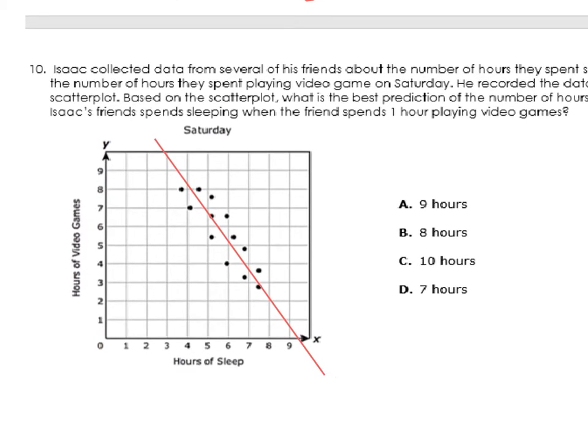So we're going to go ahead and draw our trend line. There we go. This looks pretty good, pretty much in the middle. Make sure that you extend it from one end of the graph all the way to the other.